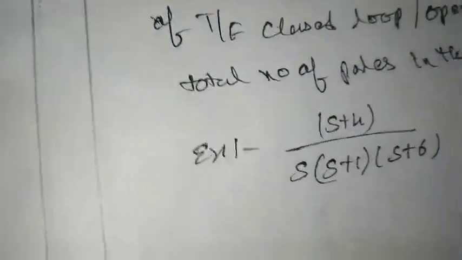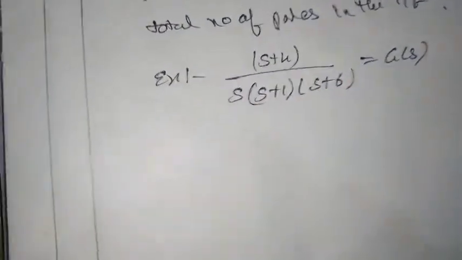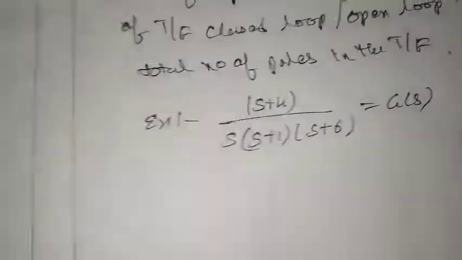So as we discussed this, I will take one example. For example, s plus 4 divided by s into s plus 1 into s plus 6. This is the transfer function, so this is G of s, the open loop transfer function.